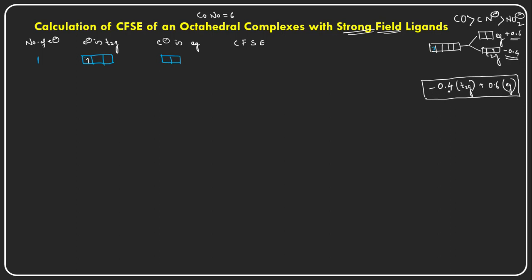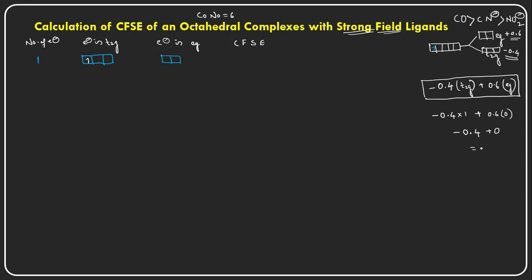So, minus 0.4, and how many electrons are present in the t2g orbital? Here one electron is present. So minus 0.4 into 1 electron plus 0.6 into 0. Minus 0.4 into 1 will be minus 0.4 only, and the other term will be 0.